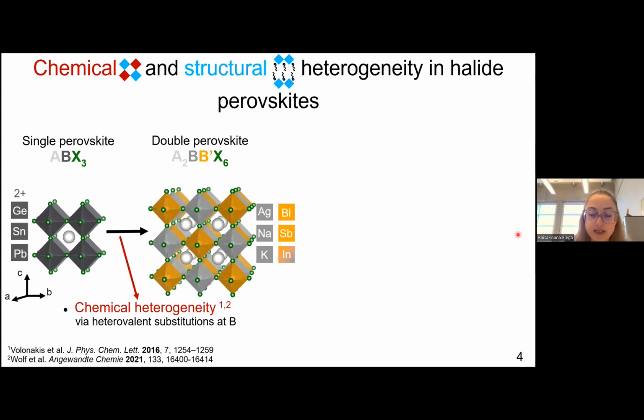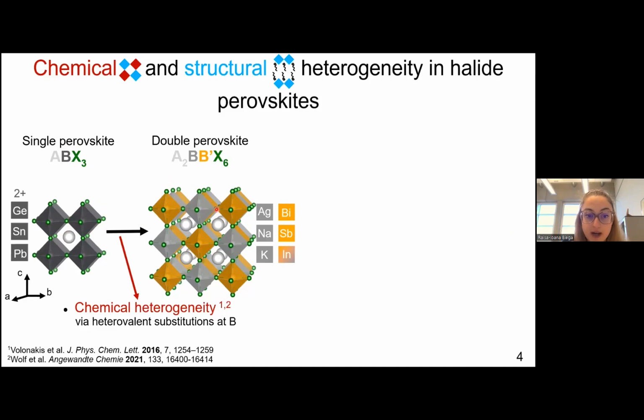in the crystal structure. And this heterogeneity can be categorized into chemical and structural heterogeneity. And as I said, when you go from the single perovskite to the double perovskite, then you replace the metal.